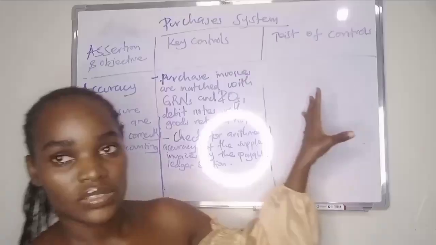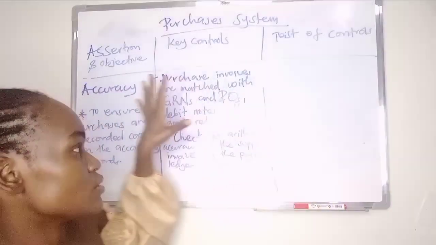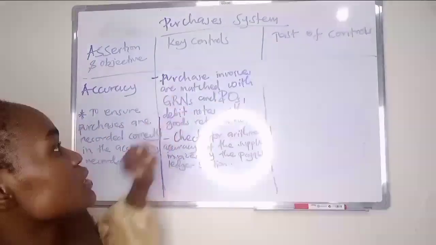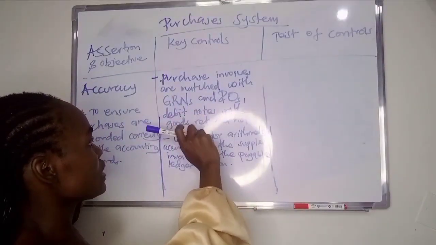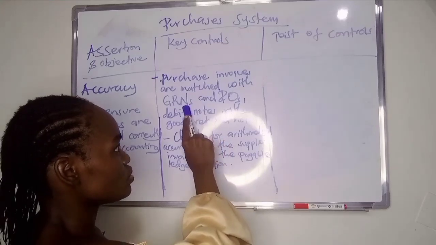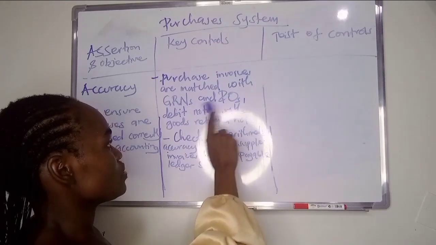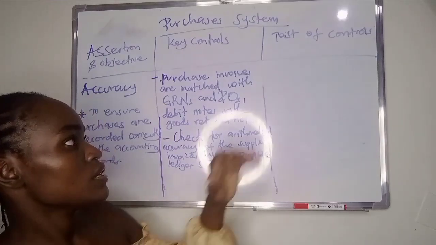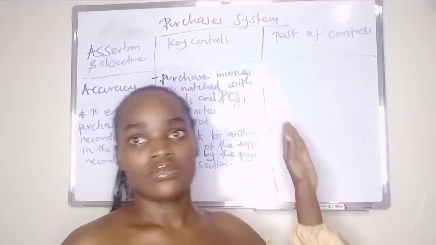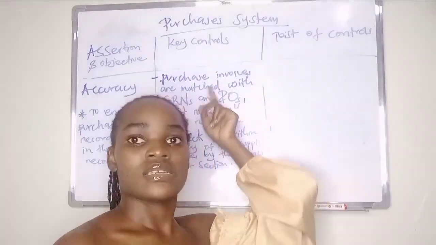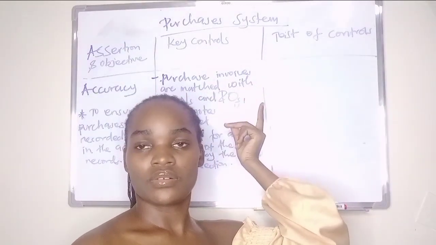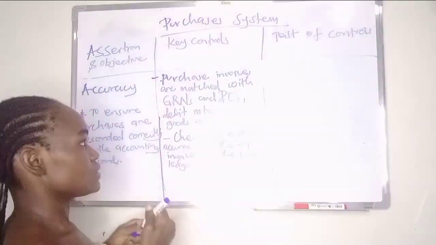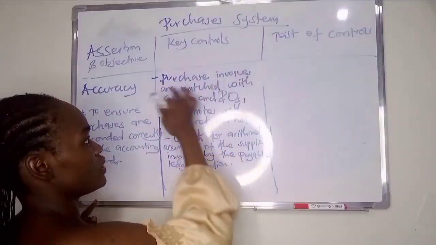So the test of controls, we get the test of controls from the controls. So the first one is purchase invoices are matched with goods received notes and purchase orders. Then debit notes are matched with goods return notes. So here, what will the auditor do to test if this is working in the organization? The auditor will select a sample of this.